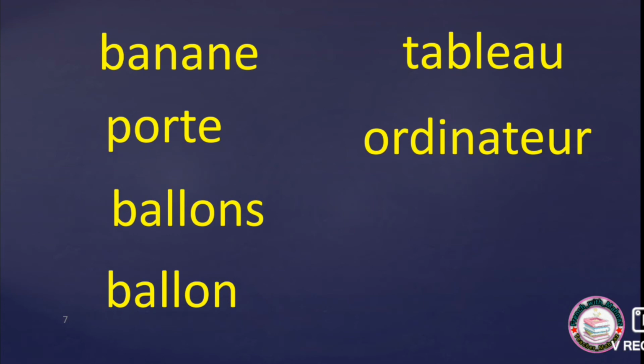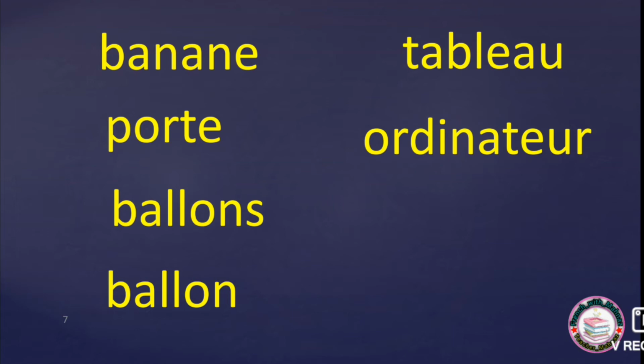Let's test ourselves. Here, which definite article we should use for each word. I want to give you a really simple point, but it's not 100% of the time right.